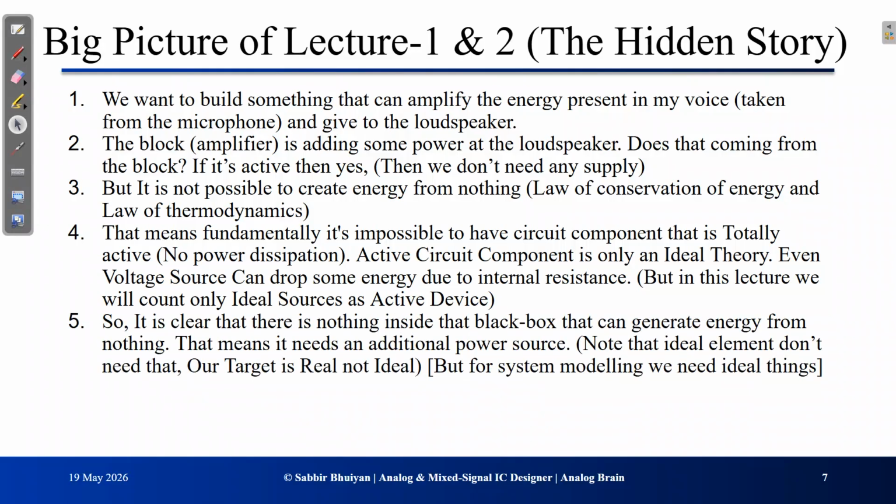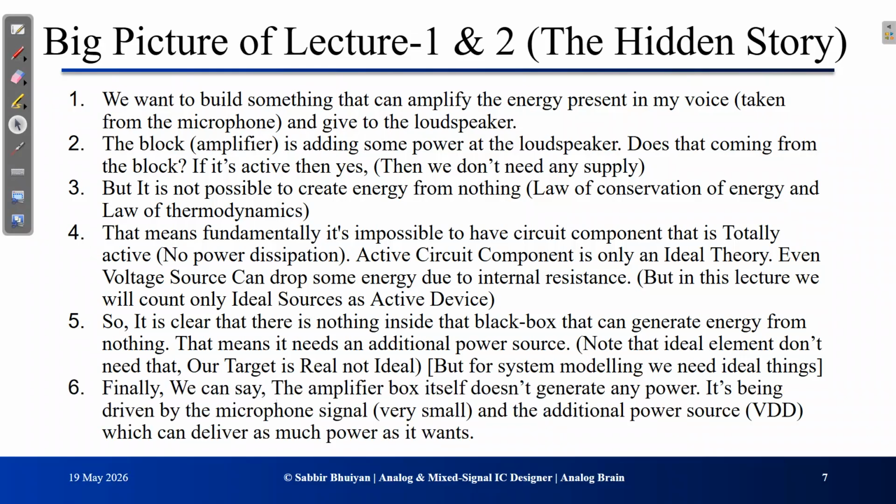Now it is clear that there is nothing inside that black box that can generate energy from nothing. That means it needs an additional power source. Note that ideal elements don't need that. Our target is real, not ideal. But for system modeling, we need ideal things. That's okay. So finally, we can say the amplifier box itself does not generate any power. It's being driven by the microphone signal, which is very small. You know that.